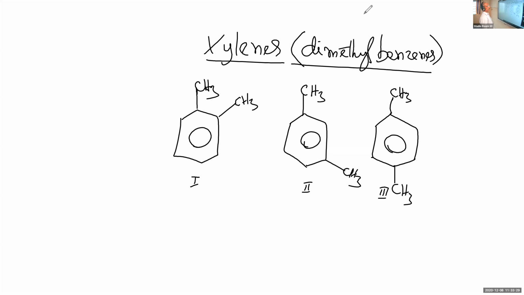All these are dimethyl benzenes, no doubt. In the IUPAC system, we can number these carbon atoms 1, 2, 3, 4, 5, and 6. If it is so, the first compound is dimethylbenzene, but the methyl groups are on the first and the second carbon atom of the benzene ring.